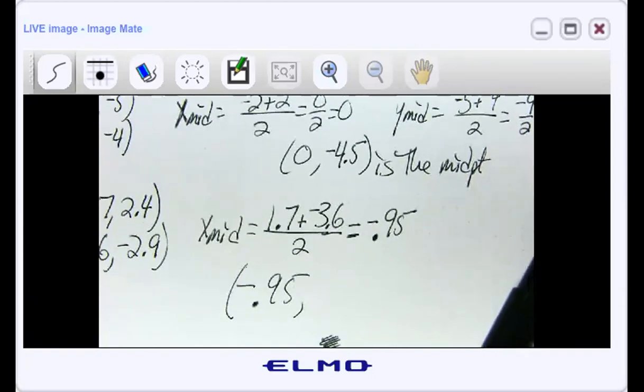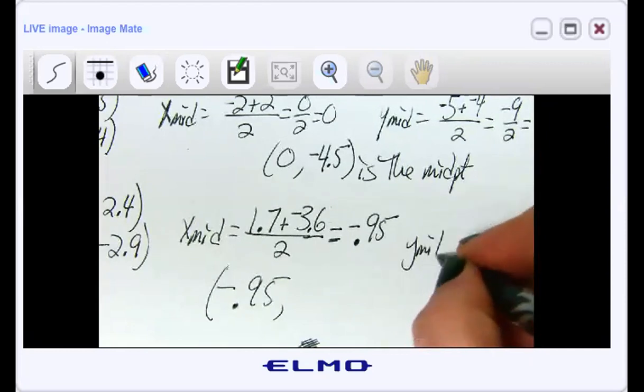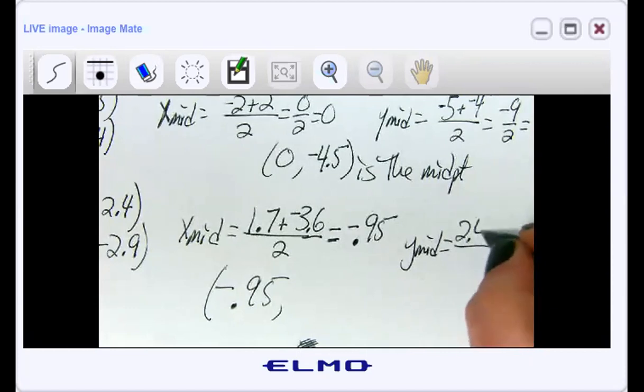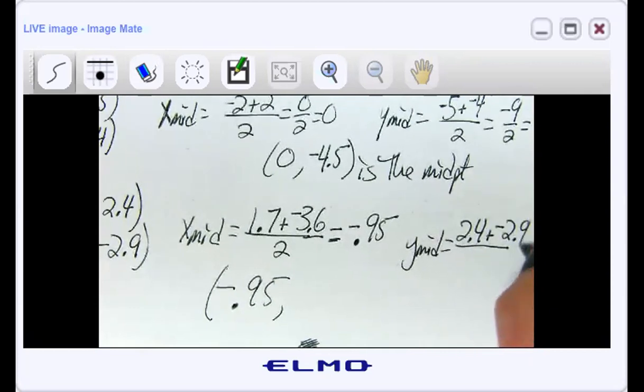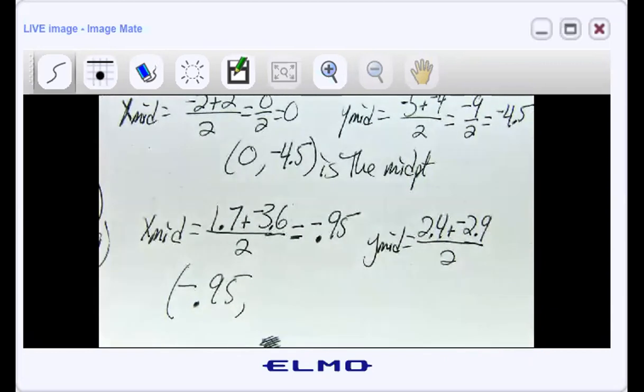Okay, so let's do the y answer, y at the midpoint. I'm going to add 2.4 plus a negative 2.9. And I'm going to divide the whole thing by 2. I'm going to ask my calculator to do the heavy lifting for me. 2.4 plus a negative 2.9.